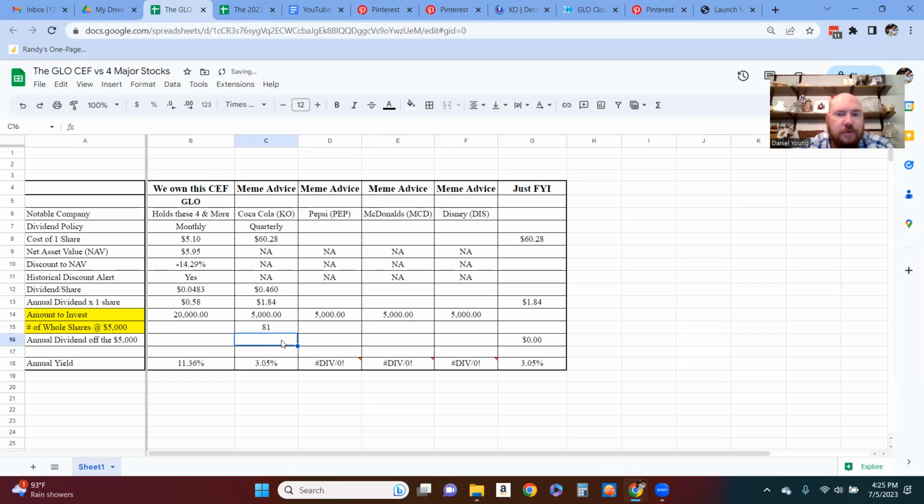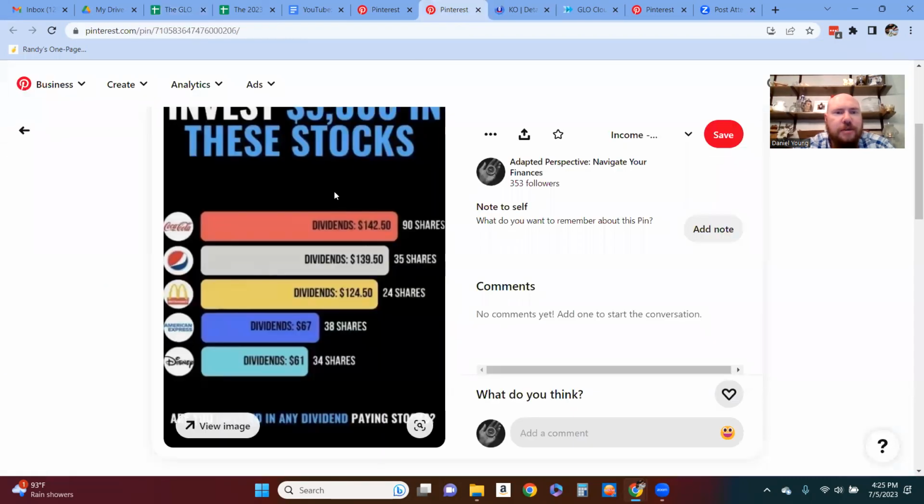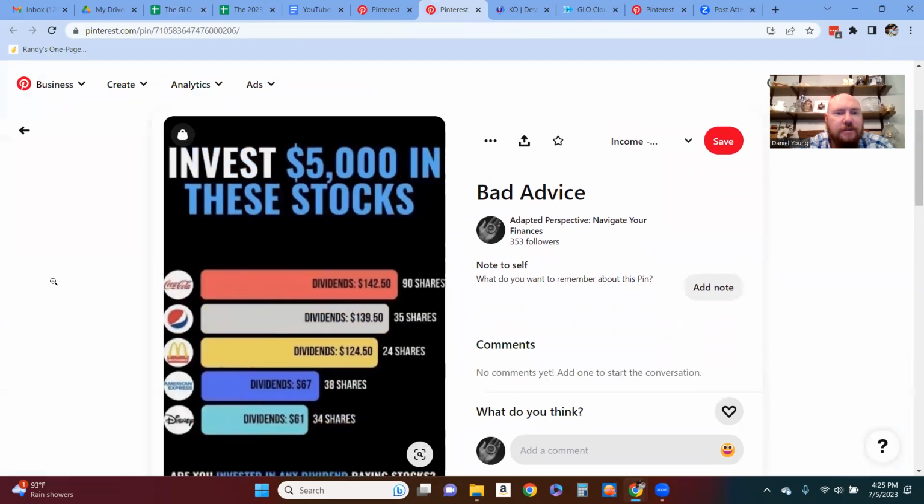Then the annual yield: if we take that dividend and divide it by the current share price, you get a 3.05% annual dividend. Now the meme says, invest 5,000 in these stocks.